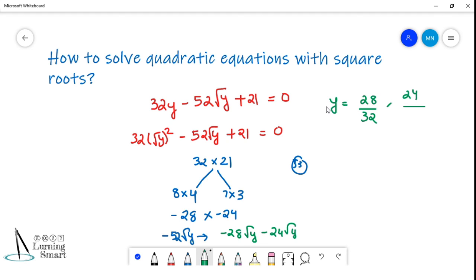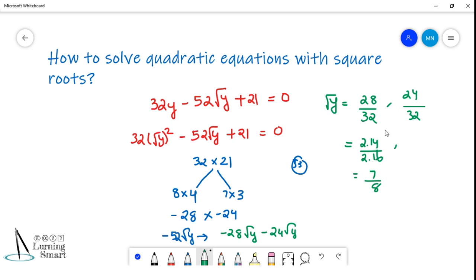Is it y? No, it is root y, because here we have converted it. Here instead of x, it's root y. 28 divided by 32 and 24 divided by 32. 28 is 2 multiplied by 14, 32 is 2 multiplied by 16, and 14 by 16 is 7 by 8, right?